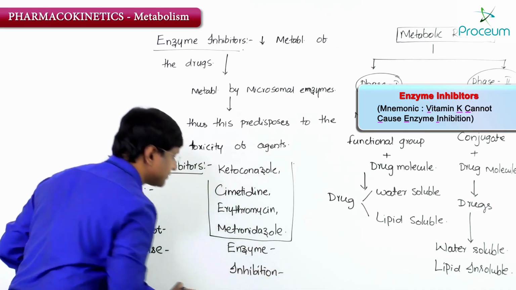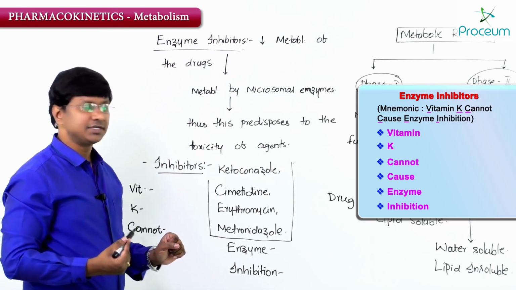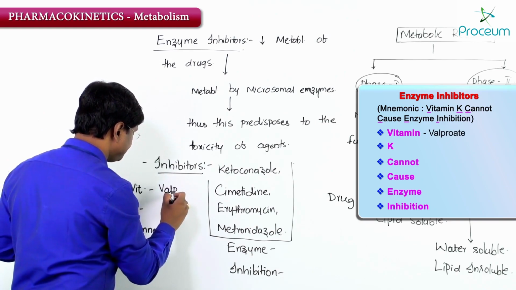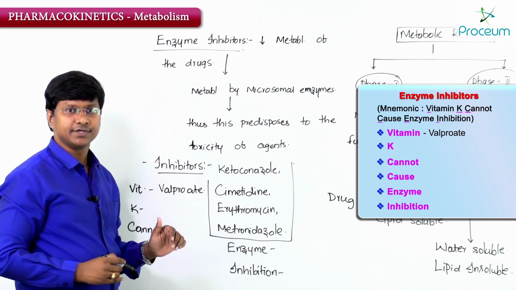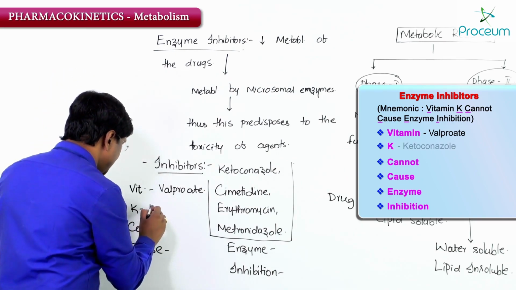This is a mnemonic for the group of drugs which are the enzyme inhibitors. V stands for valproate, which is an anti-epileptic drug. And K stands for ketoconazole.